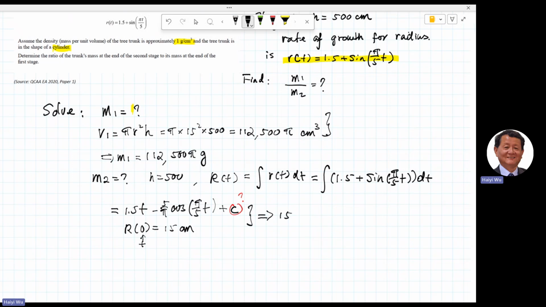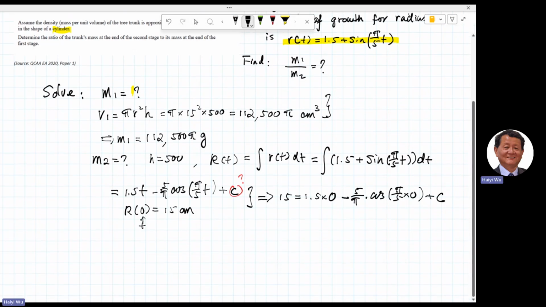It will be 15 equals 1.5 times 0, minus 5 over pi cosine of pi over 5 times 0, which is 0, plus c.